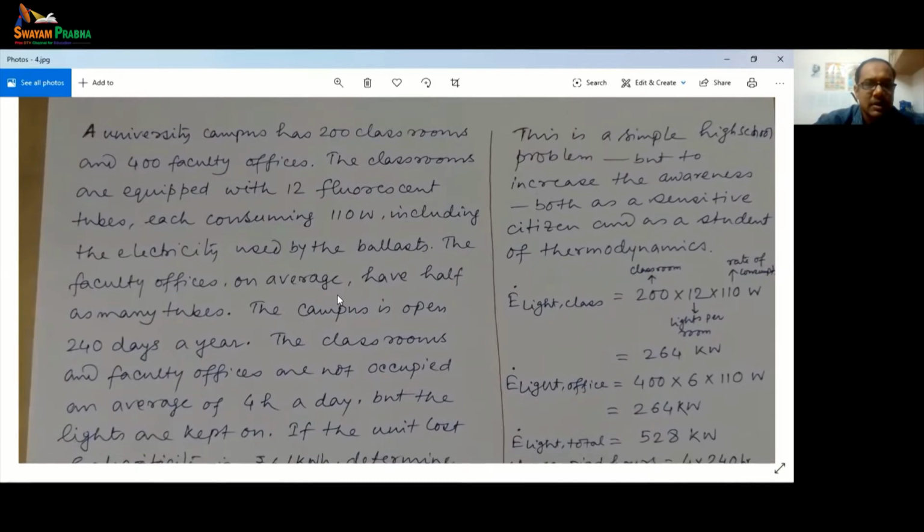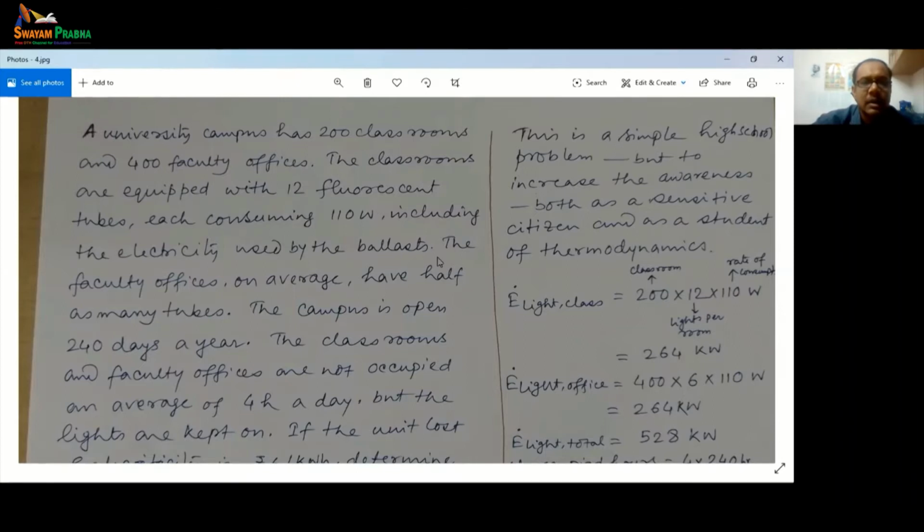A university campus has 200 classrooms. You can just think of your college or your university where you are studying at the moment. So let's say your campus has 200 classrooms and 400 faculty offices.